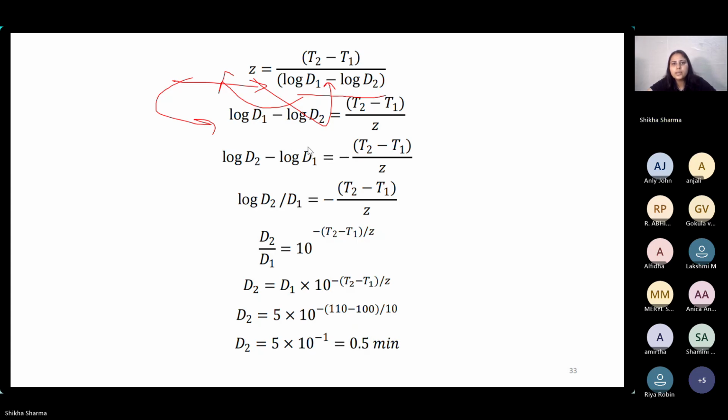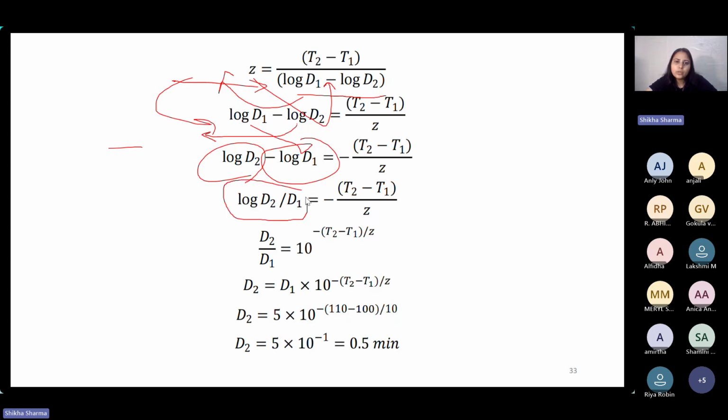Now I can take this D2 to the initial side, multiplying both sides by minus. So log D2 is plus and log D1 is minus: log D2 minus log D1 equals minus (T2 minus T1) upon Z. Now this is in minus, so I can write it in the form of a division.